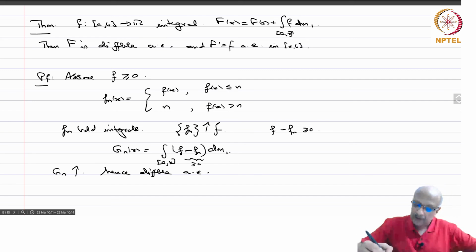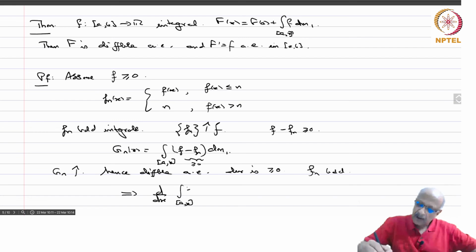If this were bounded, then we know by the previous proposition this is differentiable, but because this is non-negative, we already know this is differentiable because this is now a monotonic function, and the derivative is non-negative. Okay, and f_n is bounded, this implies d/dx of the integral from a to x of f_n dm1 equals f_n almost everywhere.